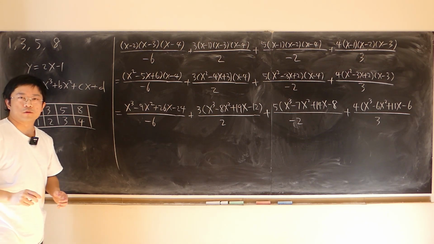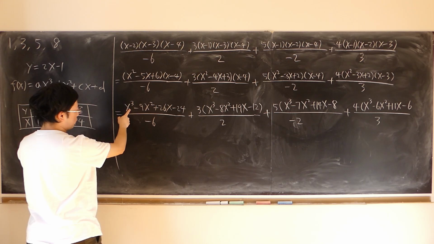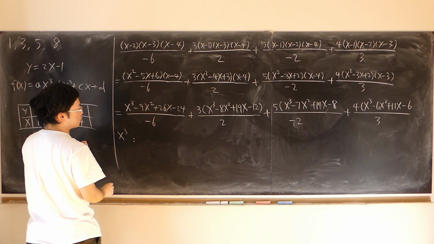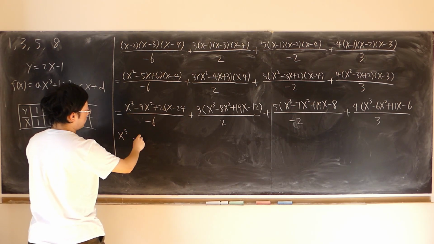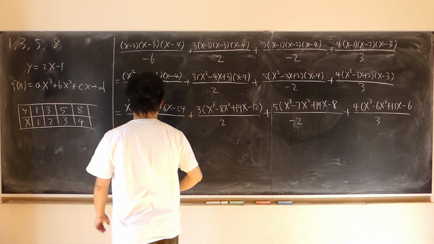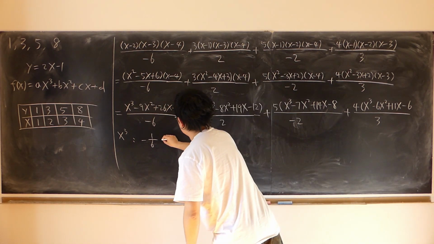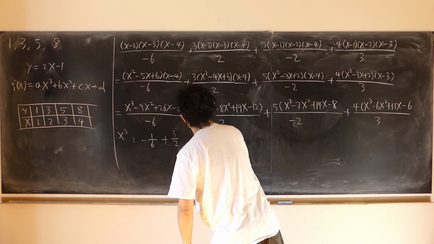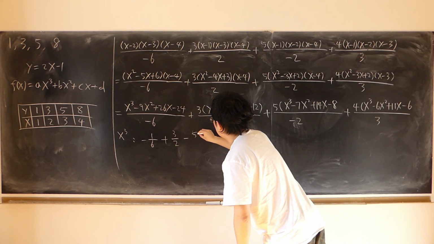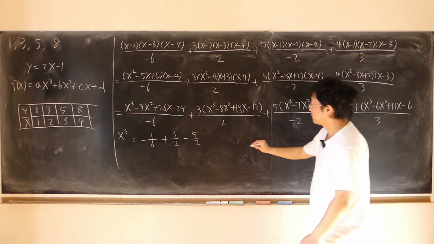Okay, now we focus on the coefficient of, for example, the cubic term. What's the coefficient? I look at, first of all, negative this. Okay? So from here I have 3 over 2. From there I have negative 5 over 2 plus 4 over 3.